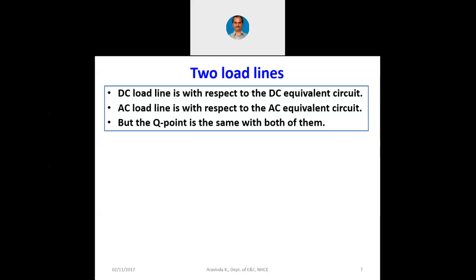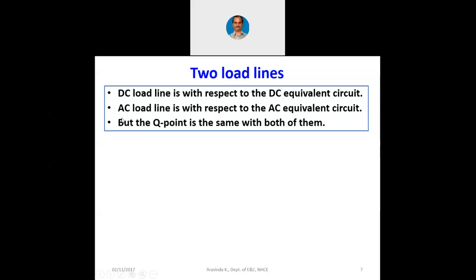When you join those two points, you will have a DC load line, and we set our ideal quiescent point in the middle of the DC load line, where it corresponds to VCC by 2 and IC sat by 2. That is the DC load line.